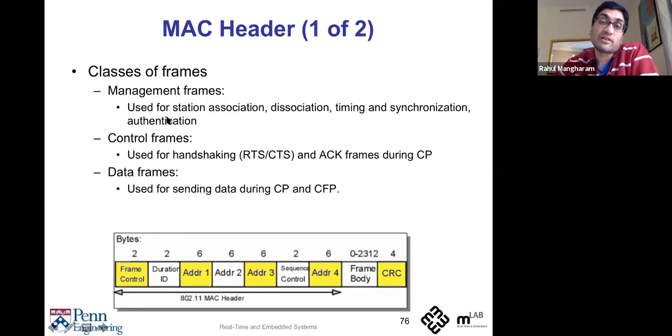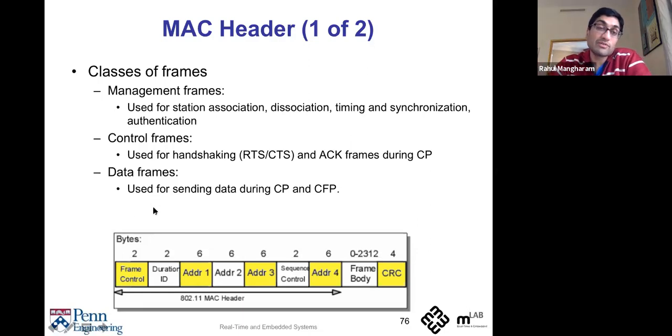There are frames for you to associate with the network, to leave the network, to synchronize with the network, to get authenticated. There are control frames like ready to send, clear to send, or acknowledgement. And then there are data frames, which just say, here's the data, that's it.